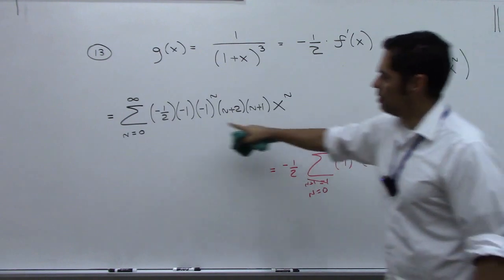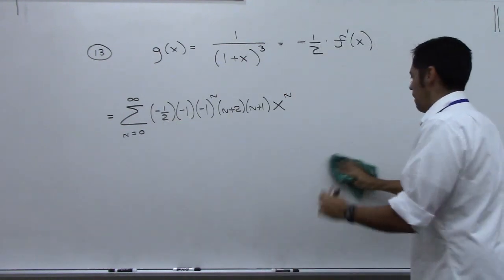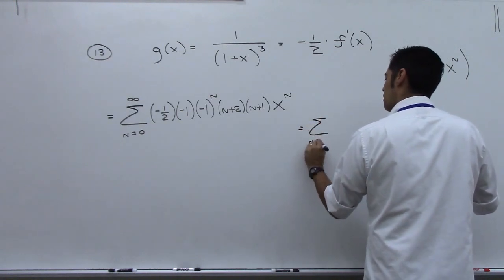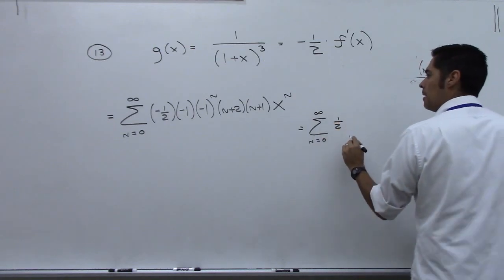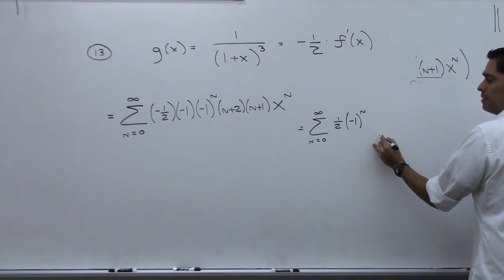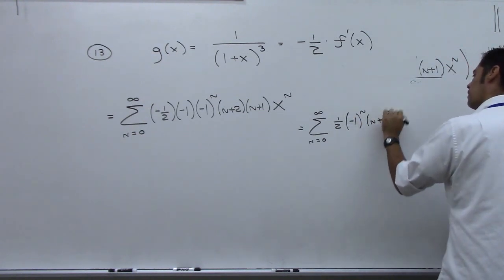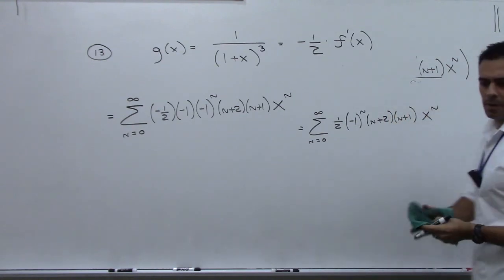And I'll put these two together, which will give me 1/2. Sum n equals 0 to infinity of 1/2. I still have a negative 1 to the n. And n plus 2, n plus 1, x to the n.